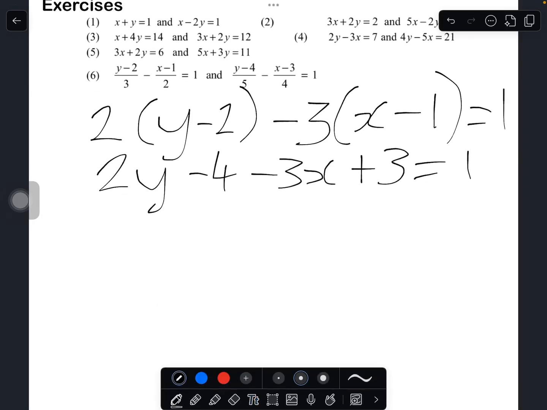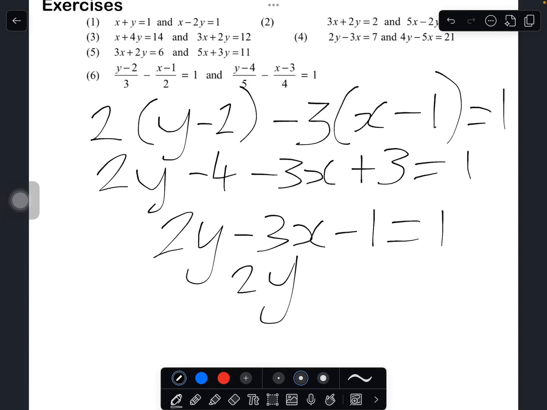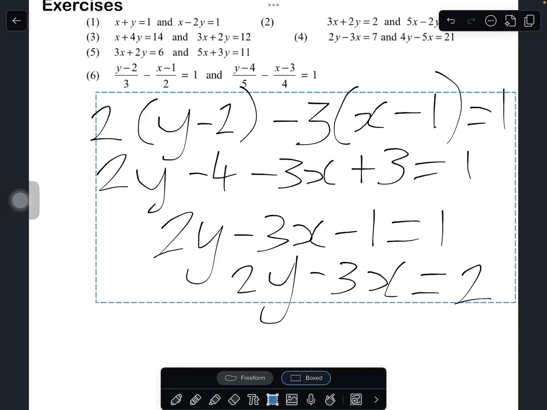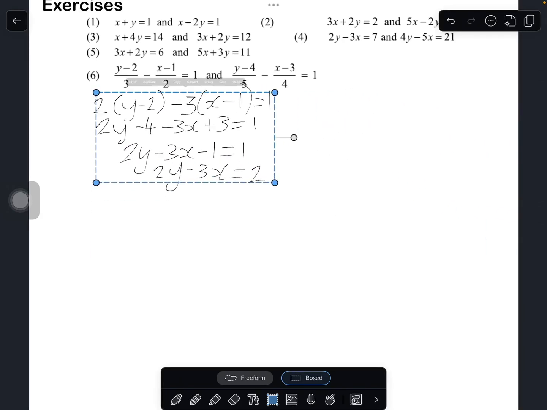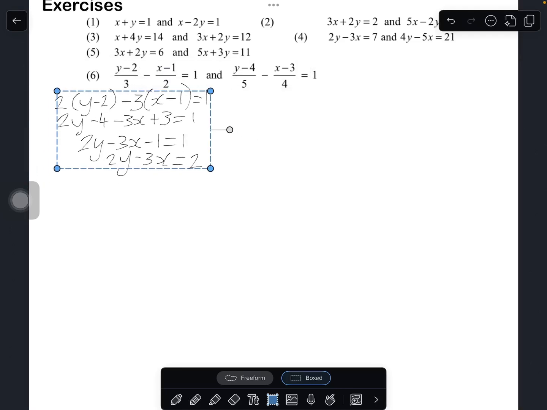I'm now going to simplify all of this, and I'm going to have 2y minus 3x minus 1 equals 1, and I can rewrite that as 2y minus 3x equals 2. So now that we have all of that, we're going to keep that aside. This is important.